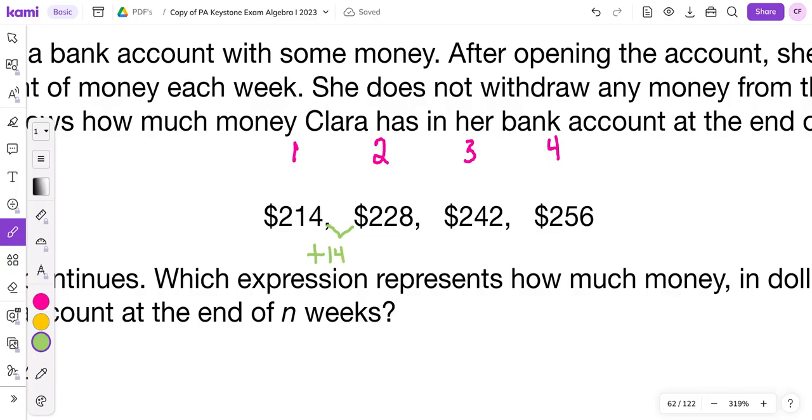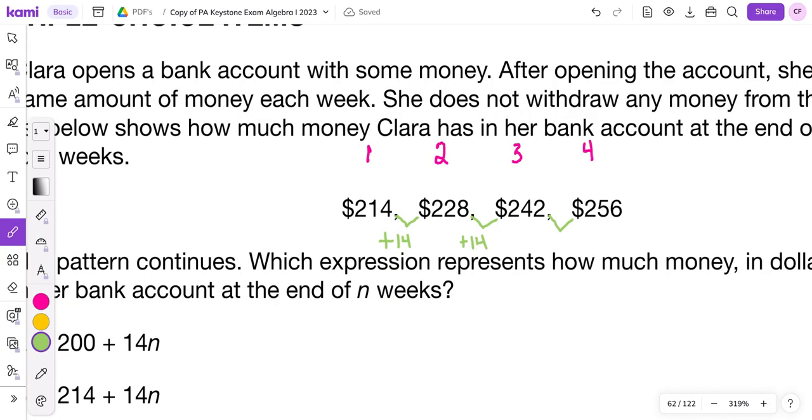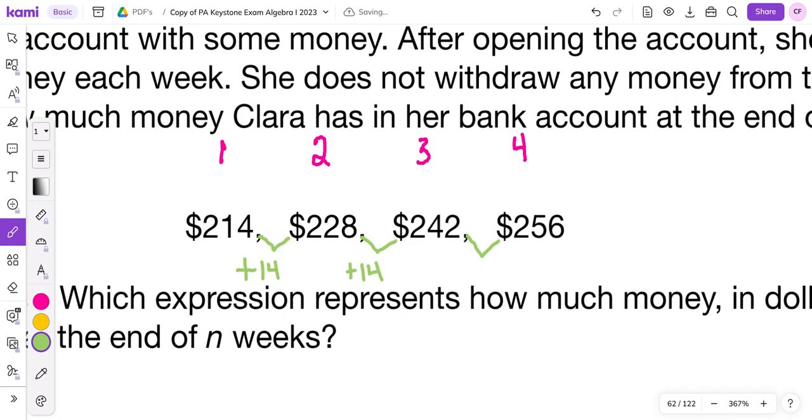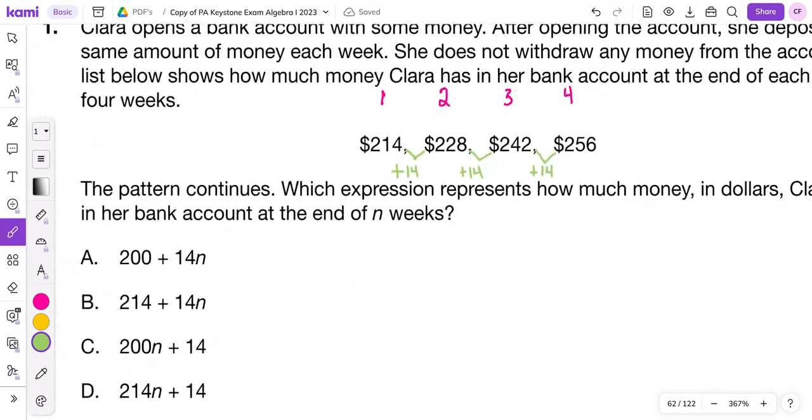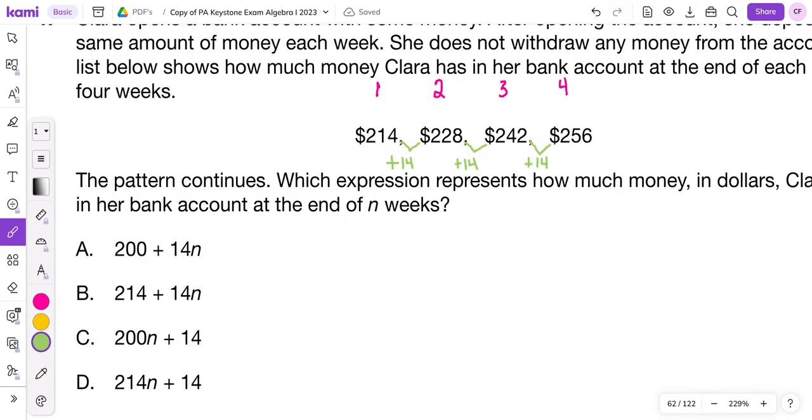This is a pattern, so from 228 to 242, it continues the pattern of plus 14. From 242 to 256, that is another plus 14. So when I'm doing my expression for n weeks, we need to have 14n somewhere in the problem.